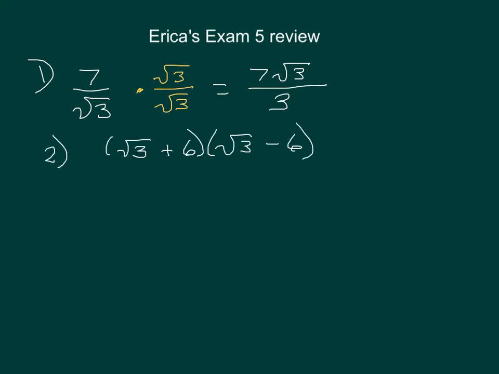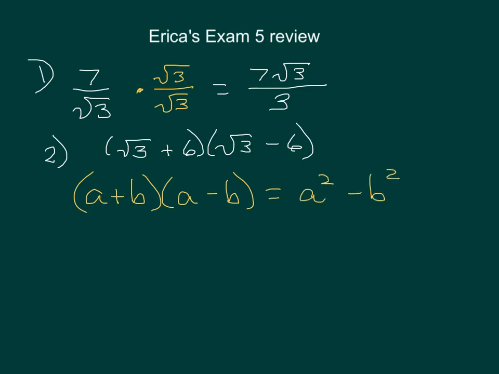The easy way to do this problem is to remember this formula. It's very important. A plus b times a minus b equals a squared minus b squared.